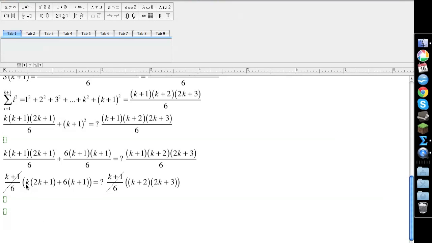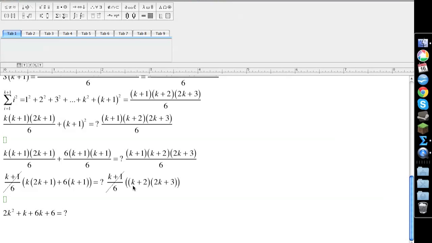So then I only have this term and this term left. So I multiply this k into the parentheses, and I get 2k squared plus k. Then I multiply the 6 into the parentheses, and I get 6k plus 6.